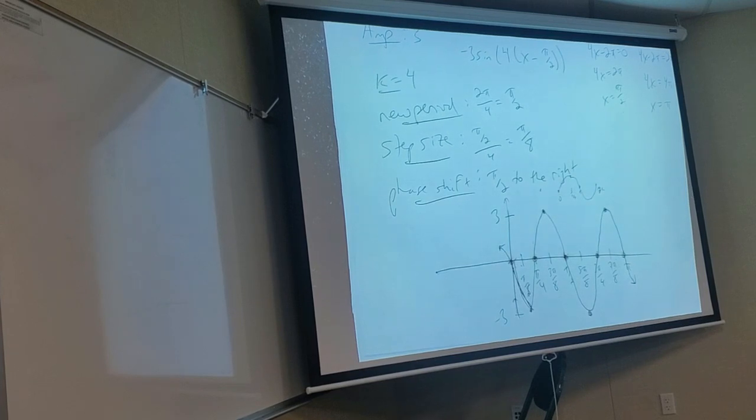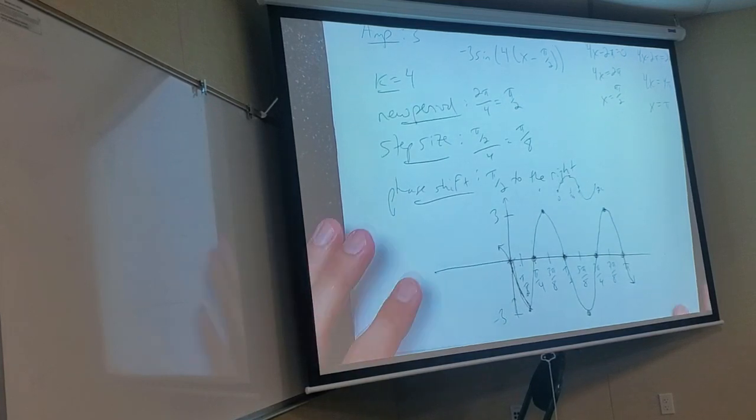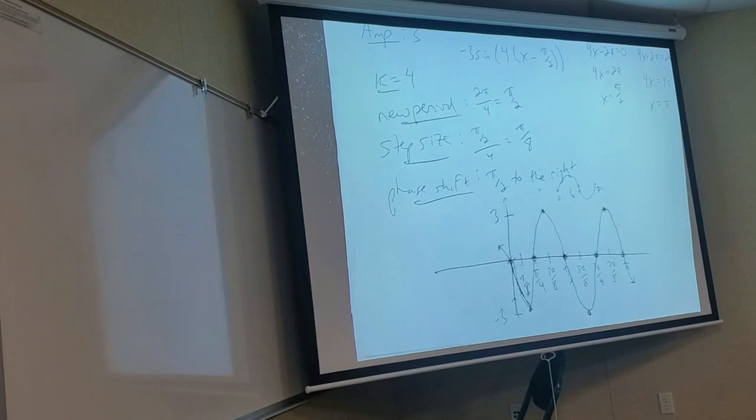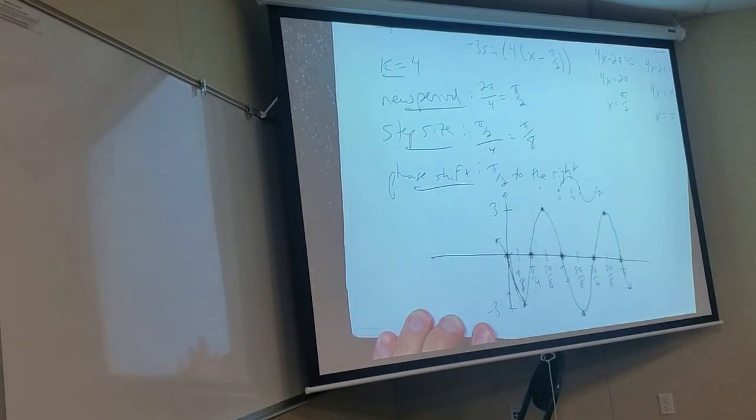The midline should always be equidistant from either extreme. Why would it be 2 and 4 rather than 4 and 4? Because I'm not stretching it. I'm just moving everything up 1. So this used to go down to negative 3. If I move everything up 1, now it only goes down to negative 2. This goes up to 4, yes? Okay.